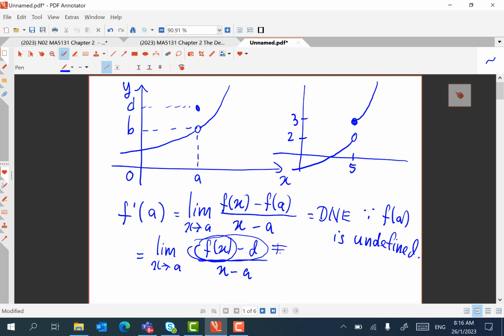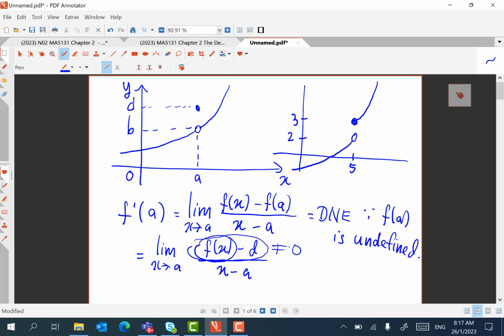The numerator will not be 0, no matter what, because f of x is never equal to d. As x approaches a, based on the diagram, it actually approaches what? B, right? So the numerator is d minus d.